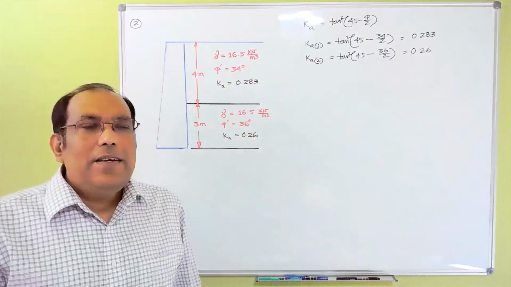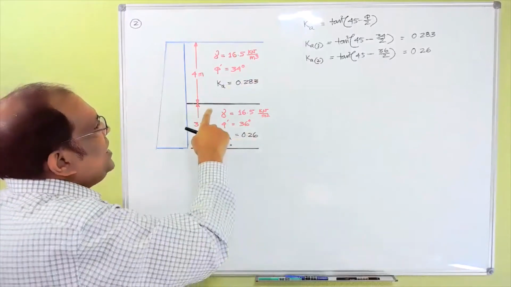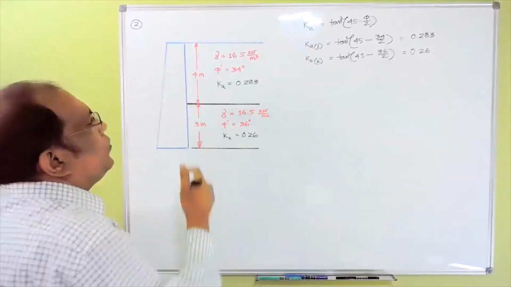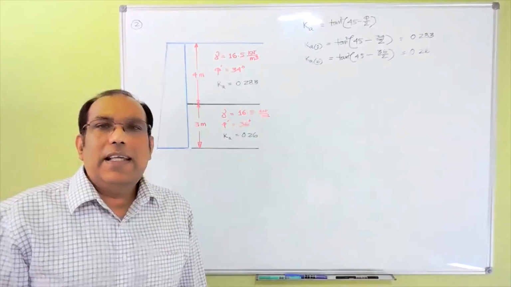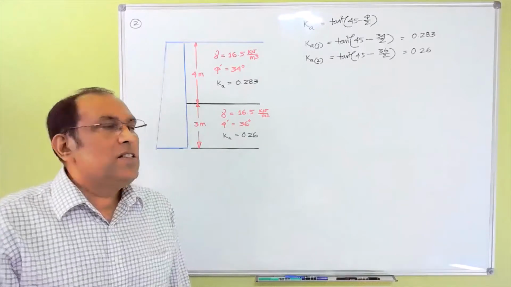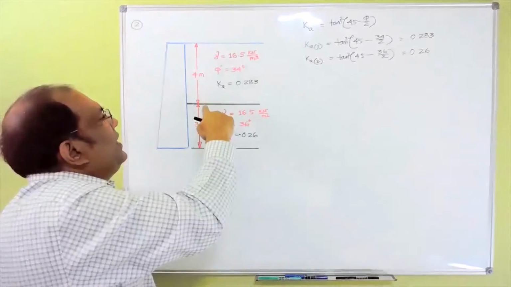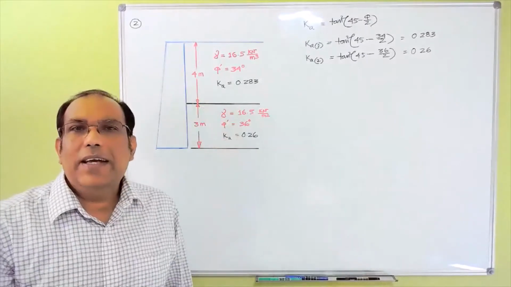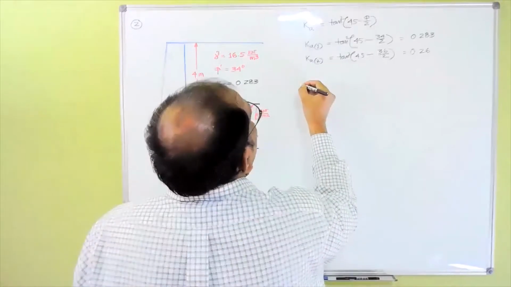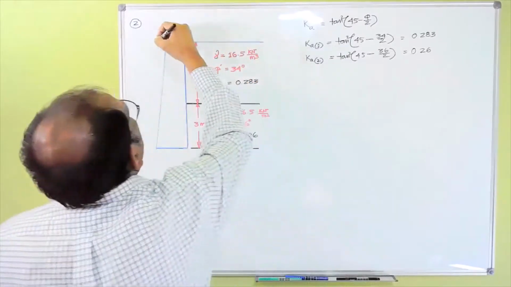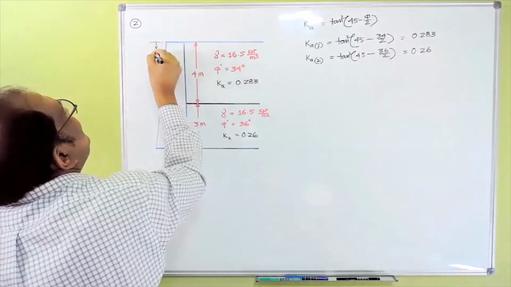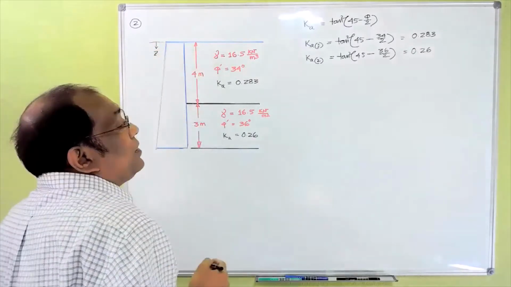Okay. Now, since there is a change in property here at a depth of 4 meters, I'll try to take the overburden stress at point here, here, and here. So let's say we are measuring here. Z is the depth.